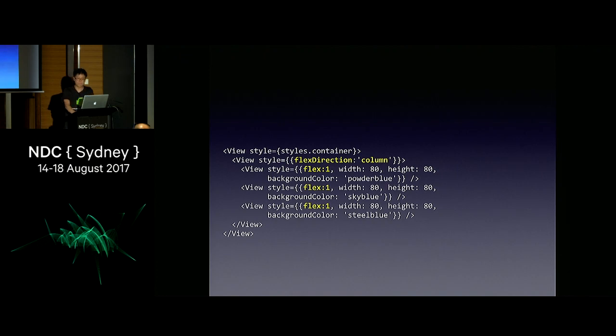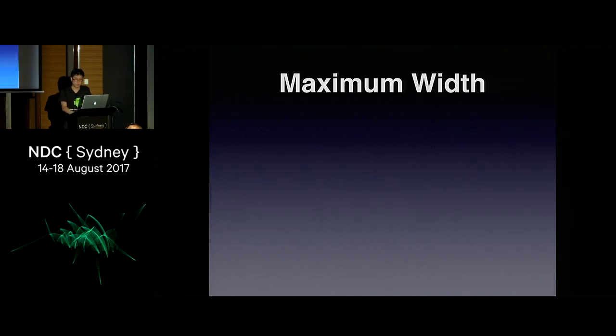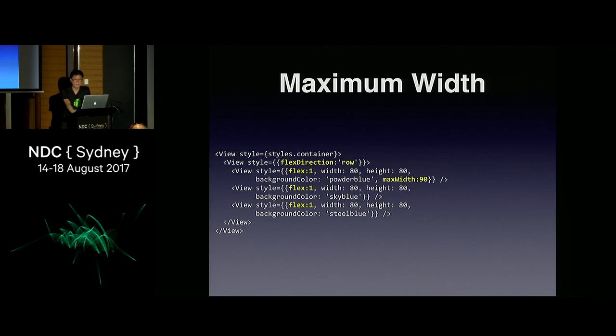One more. This time around, I change it to column. I will display it in column form. Maximum width. How is this going to look like? Now I'm switching back to flex direction row. For the first view, I want to have the maximum width 90.